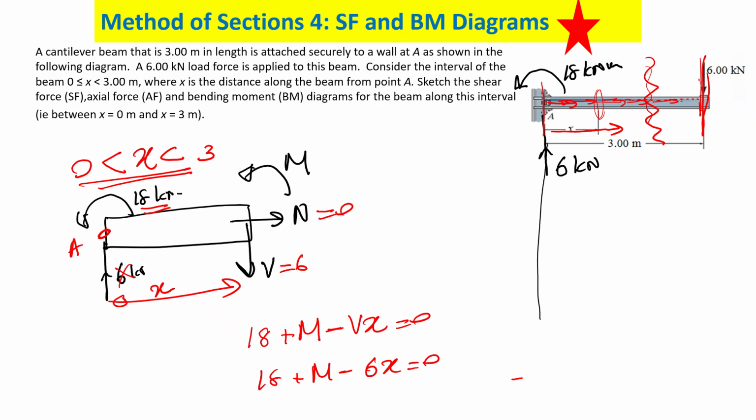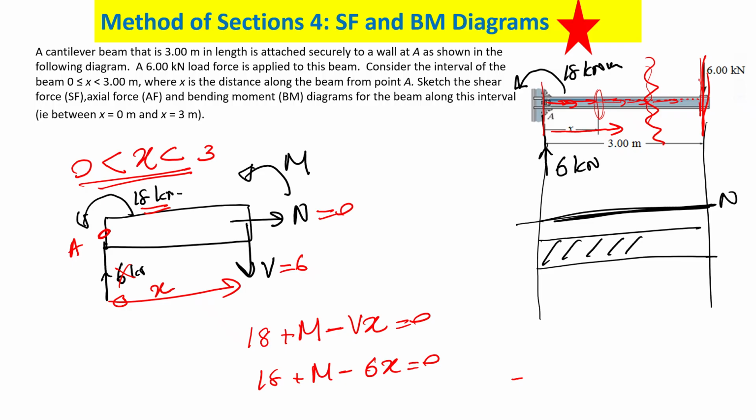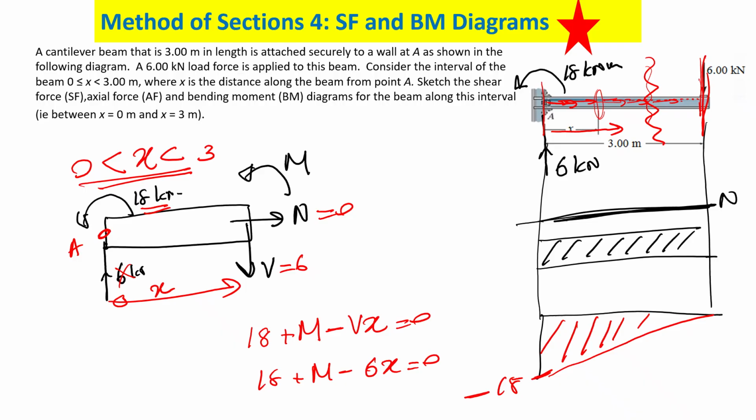Okay, so N is 0. Axial force is 0. Shear force is 6 constant. And the bending moment is negative 18 to 0. Okay? Negative 18 to 0, right?